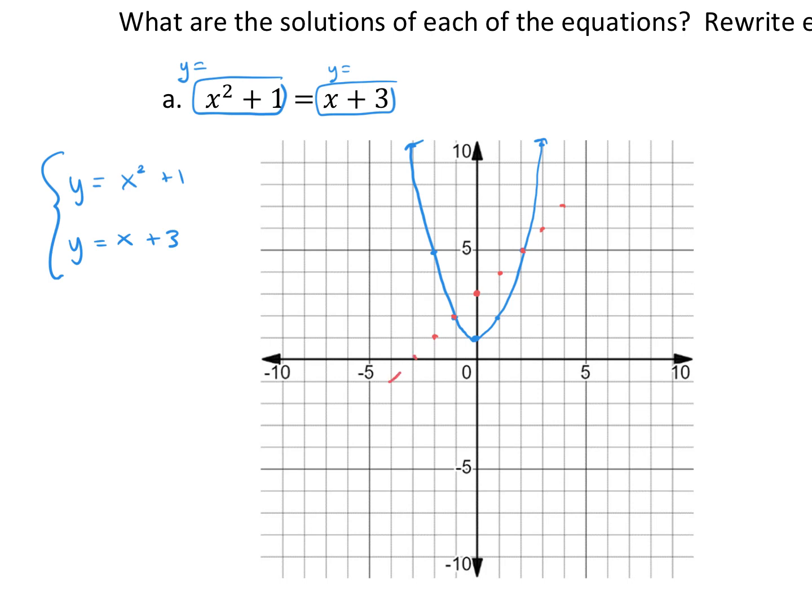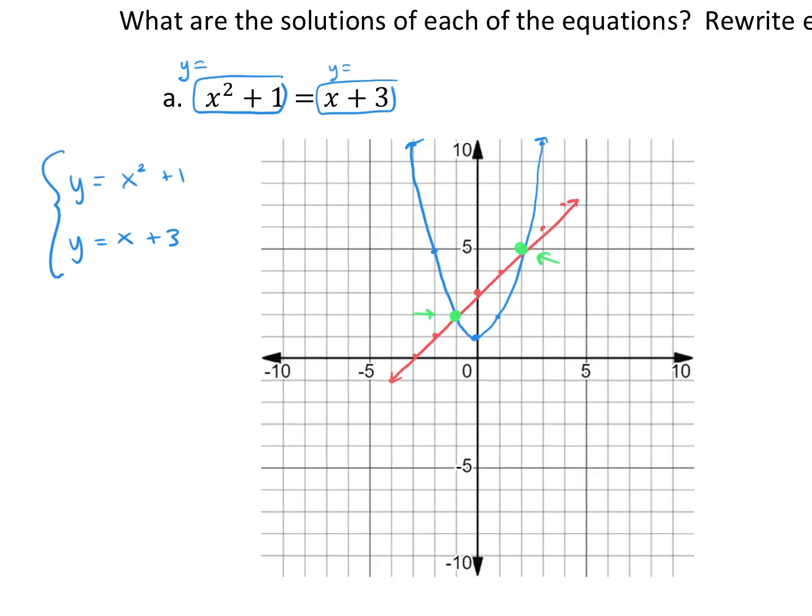We can see that this line is intersecting our parabola in 2 spots. So we want to identify the intersection points. Here's one of them right here, and here is the other one right there. So the intersection points: this first one on the left side is (-1, +2).